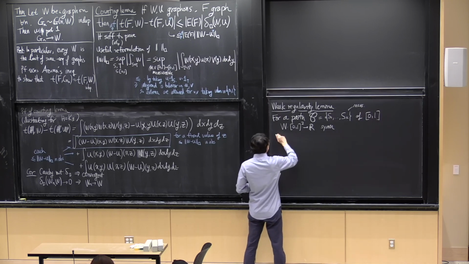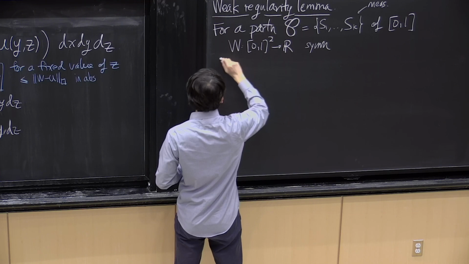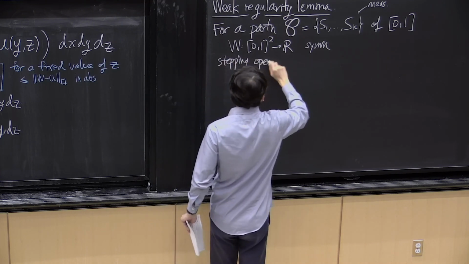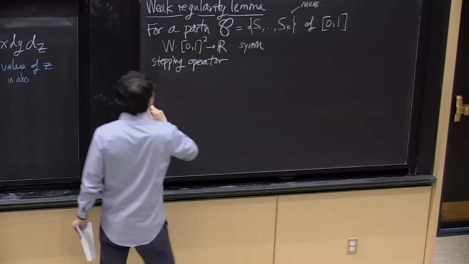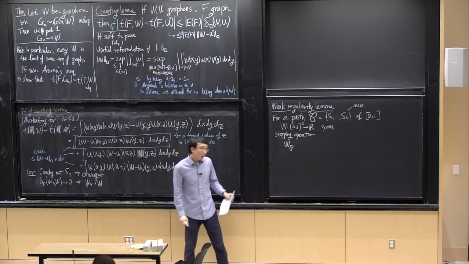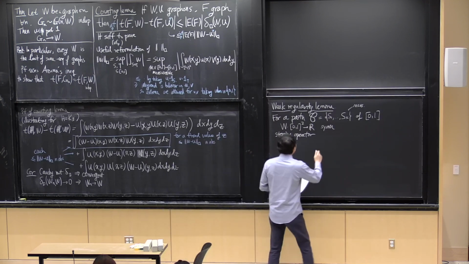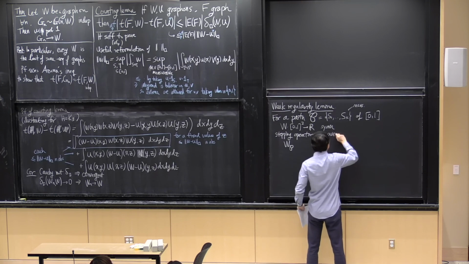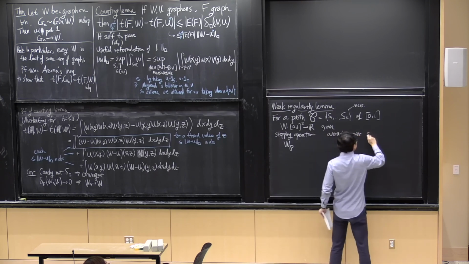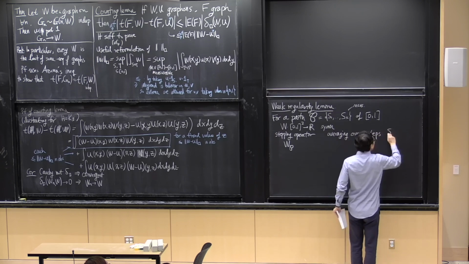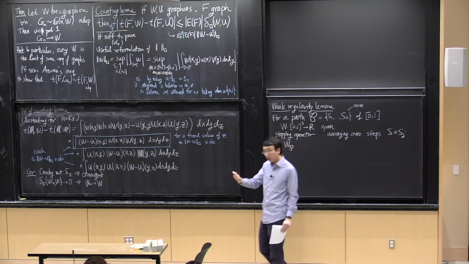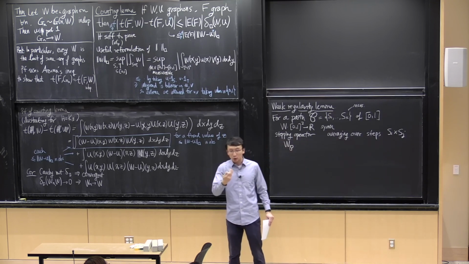I can define what's known as a stepping operator. That sends W to this object, W sub P, obtained by averaging over the steps Si cross Sj, and replacing that graphon by its average over each step.